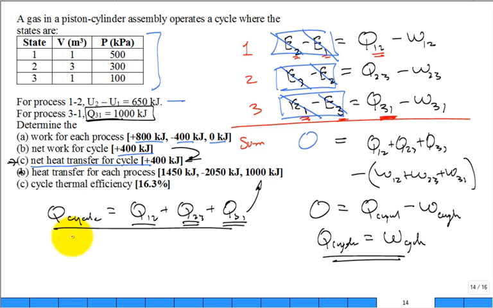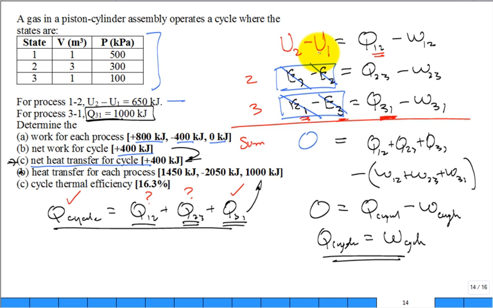So I have an equation where I know this one, I know that one, I don't know Q1 to 2, and I don't know Q2 to 3. What am I going to do? Focus on one of the processes where they give me the internal energy change. So if I go back up here and write it for process 1 to 2, and here I'm going to neglect changes in kinetic and potential energy.